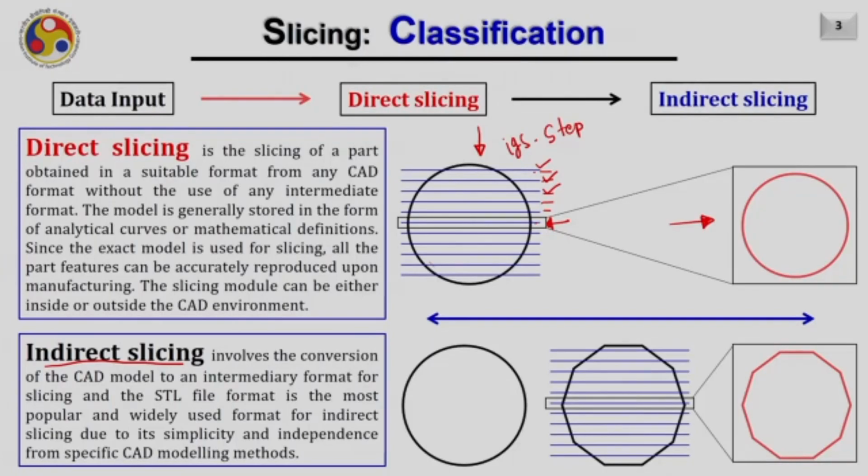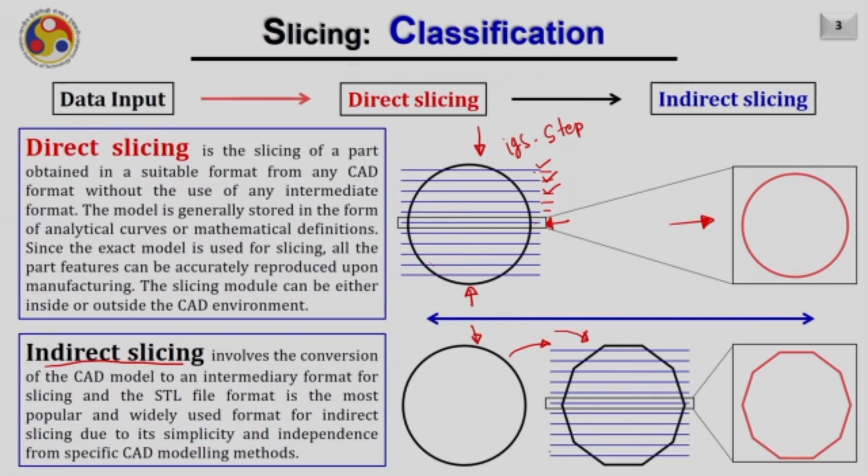Let me take the same example, a sphere. This is the accurate representation of the sphere, maybe in some format like IGS, STEP, or Parasolid. Then this format is first converted to an STL file. Depending on the number of triangles we use, the model will be close to the actual model. Here, as fewer triangles are used, you can see that it looks like a polygon.